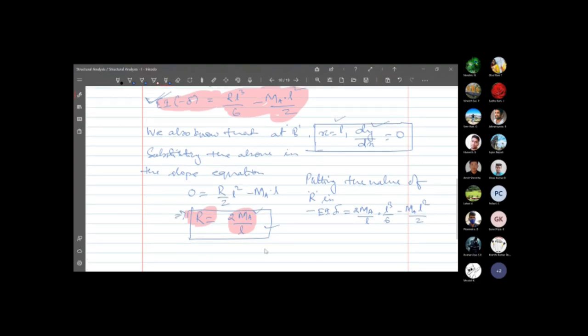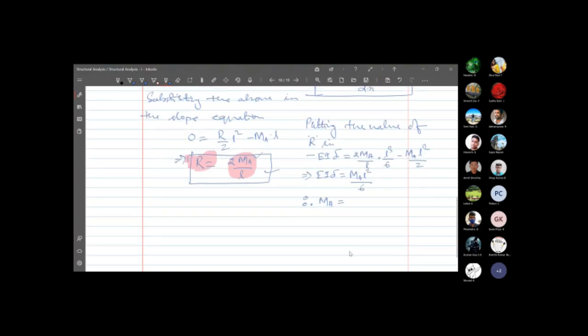So this implies, if I take the minus sign that side and solve this, then EI into delta becomes ma into L square divided by 6. Therefore, the fixed end moment ma is expressed in terms of delta, that is 6 EI into delta by L square.